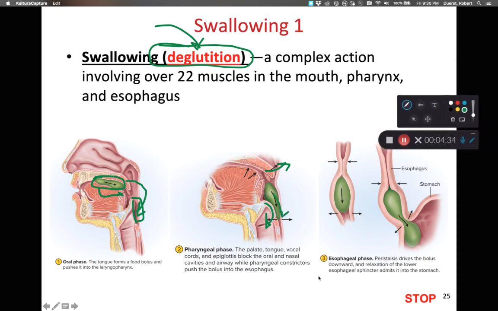And then we have step 3, the esophageal phase. During the esophageal phase, we are going to have peristalsis, segmental pinching off of the esophagus, and then that esophagus will push the food down towards the stomach. And when it gets to the stomach, the lower esophageal sphincter relaxes or dilates and allows the bolus entry into our stomach.